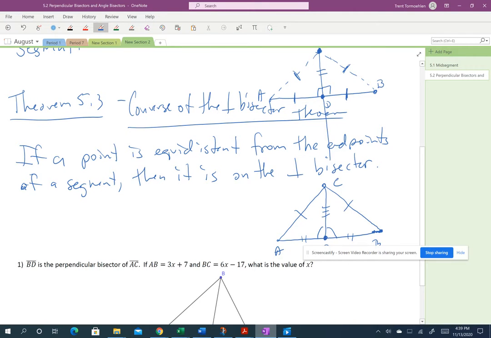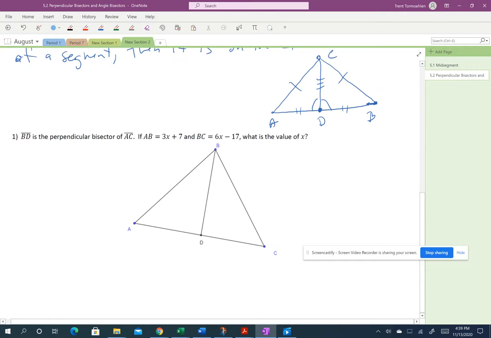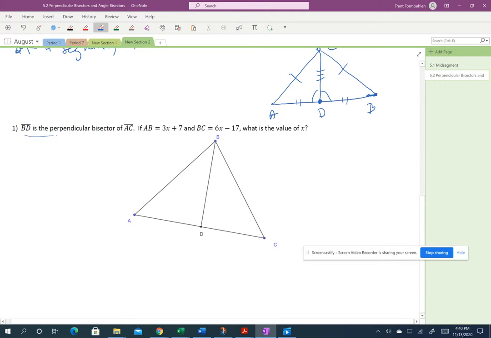And then finally, we could look at a problem where you'd use these theorems. This says BD is a perpendicular bisector. What we know from that means that AB and BC must be congruent to each other. That's what the perpendicular bisector theorem says. If a point B is on the perpendicular bisector, then it's equidistant from the endpoints A and C. So AB and BC would be equal.